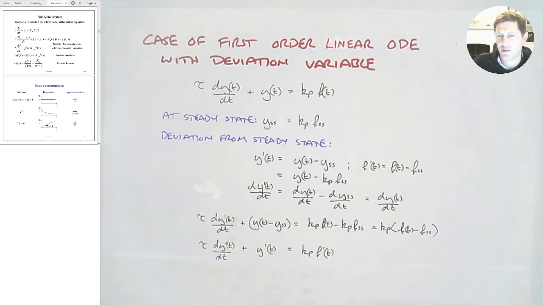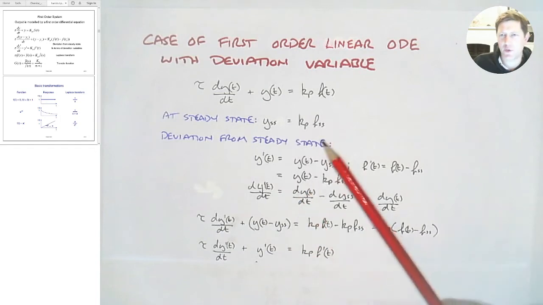And you can see now this can be simplified down so that y(t) minus steady state y is equal to the deviation variable y'(t), and Kp multiplied by f(t) minus fss, the steady state value of f, is equal to Kp times the deviation variable for f.